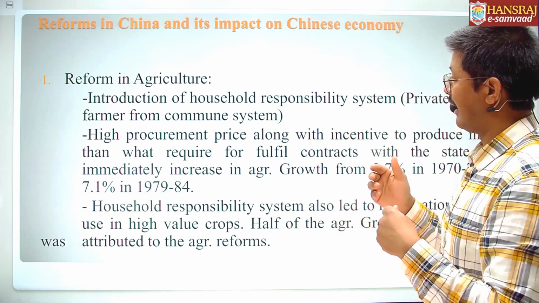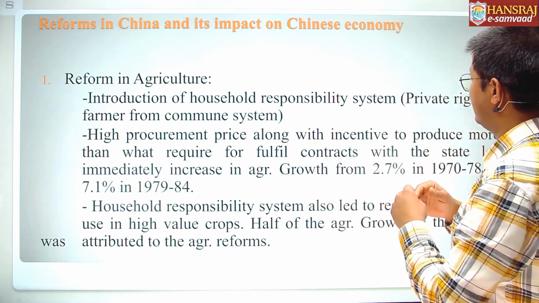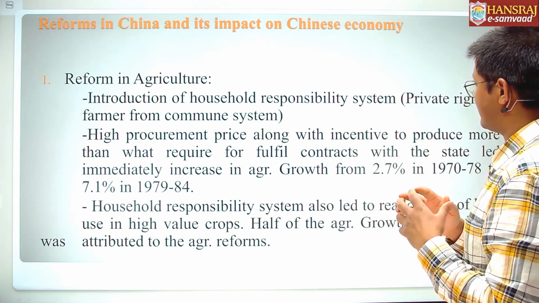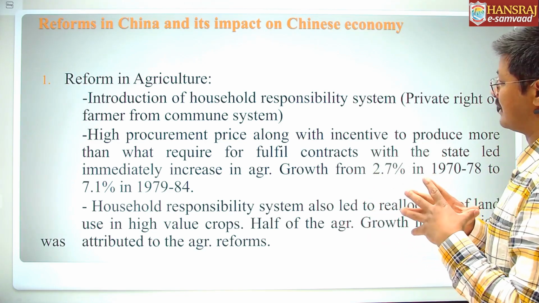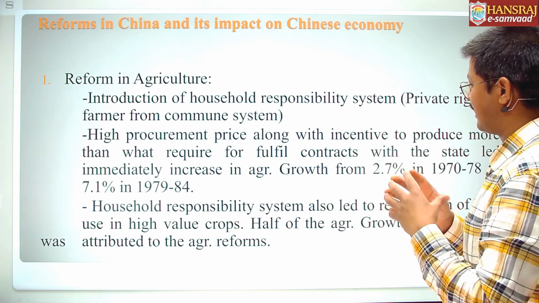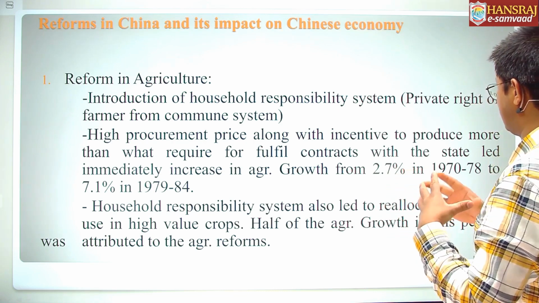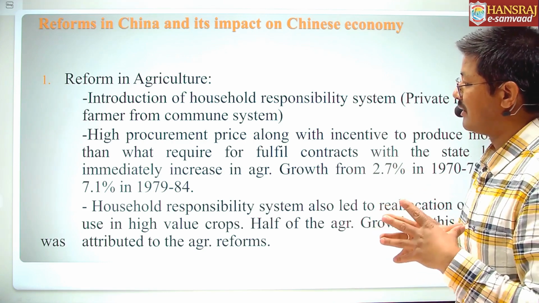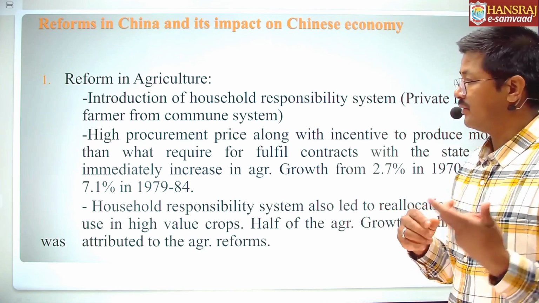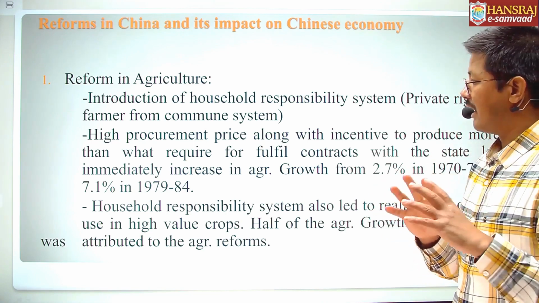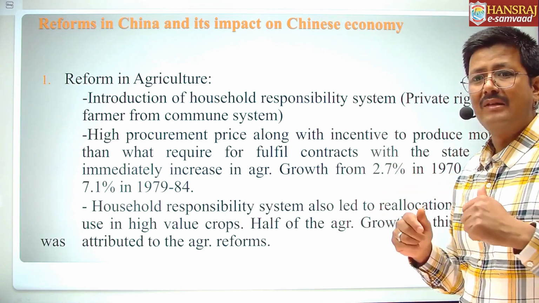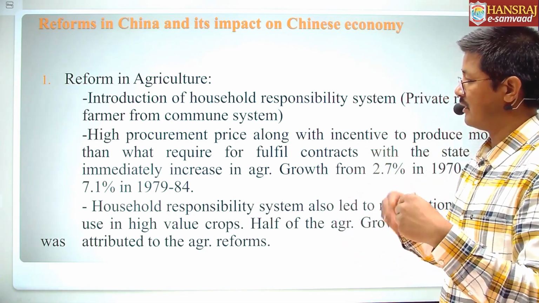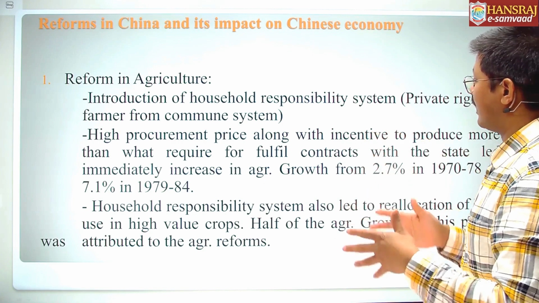That is, a high procurement price along with the incentive to produce more than what was required to fulfill the contract with the state led to an immediate increase in agriculture growth from 2.7% in 1970 to 78 to 7.1% in 1979 to 84. It means that because of the property rights given to the farmers, they started producing more.